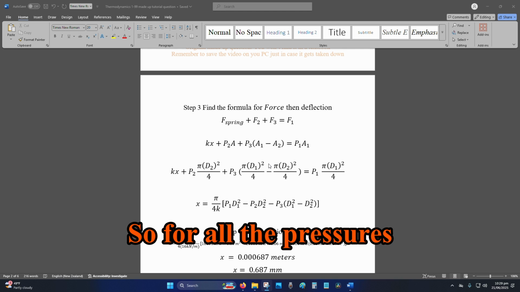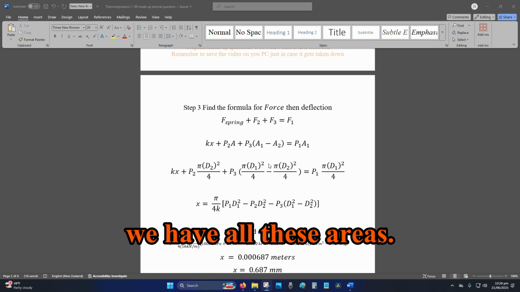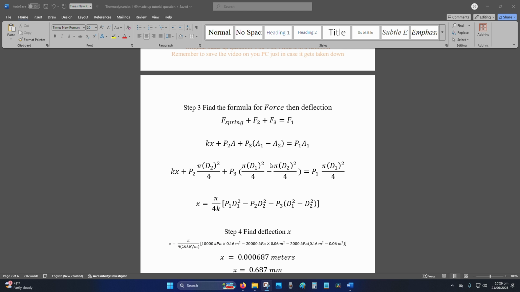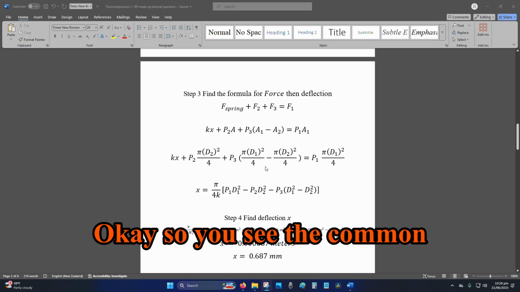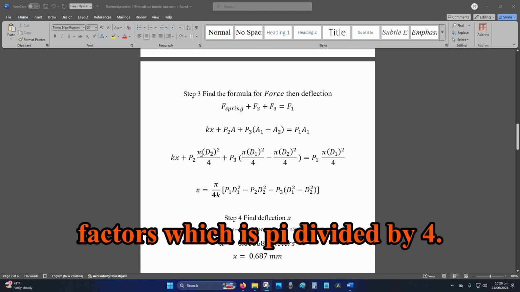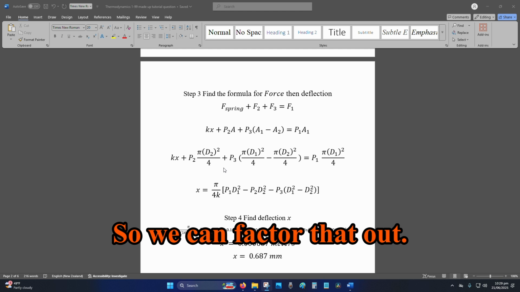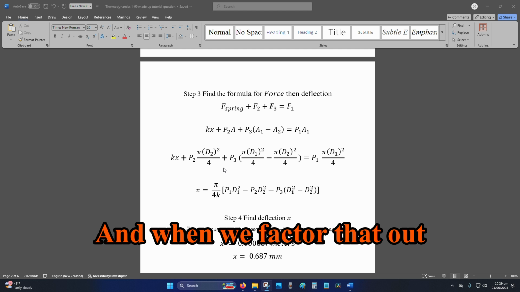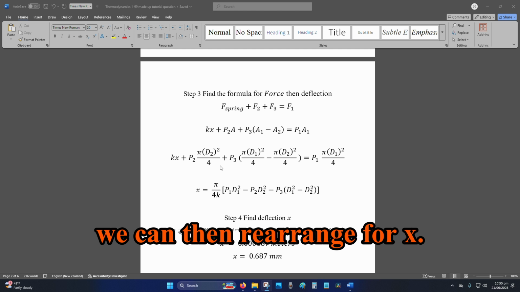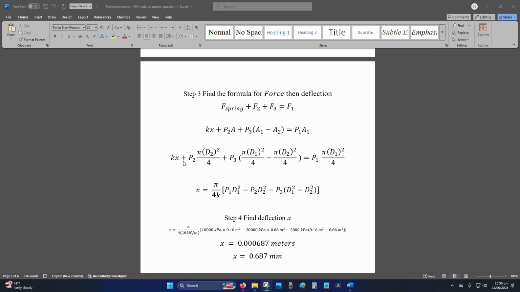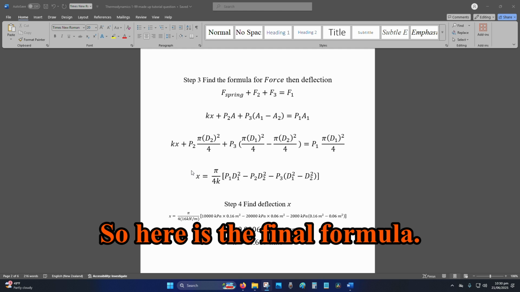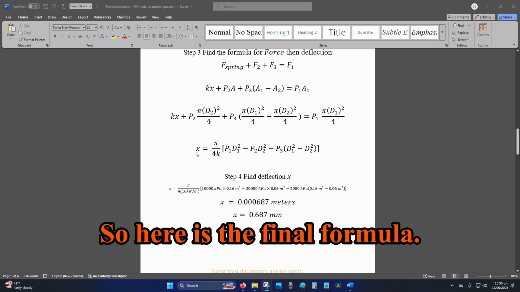So for all the pressures, we have all these areas. Okay, so you see the common factor, which is pi divided by 4. So we can factor that out. And when we factor that out, we can then rearrange for x. So here is the final formula.